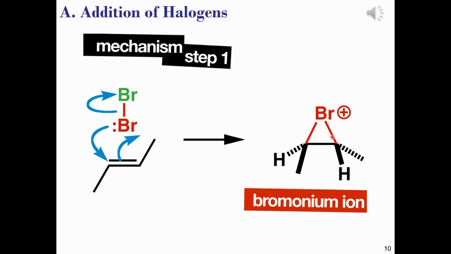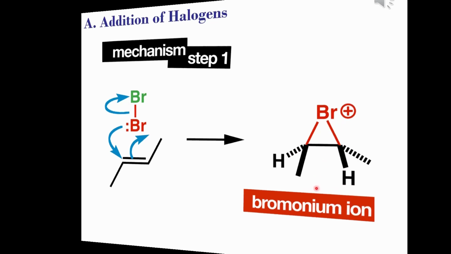If you imagine a side-on perspective, the methyl group on the left is closest to us, and this is why it ends up being on a solid wedge. However, the methyl group on the right would be furthest from us, and this is why it ends up on a dashed wedge. The hydrogen atoms accordingly are on a dashed and solid wedge from left to right respectively for the same reason. Let's have a look at the second step now.